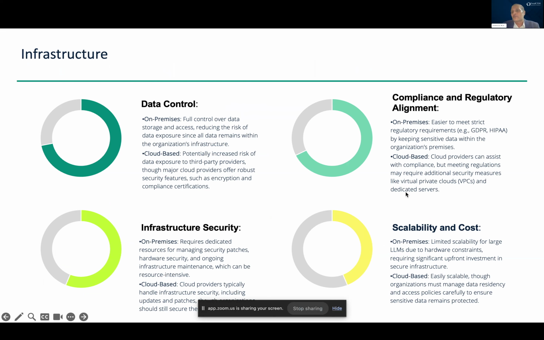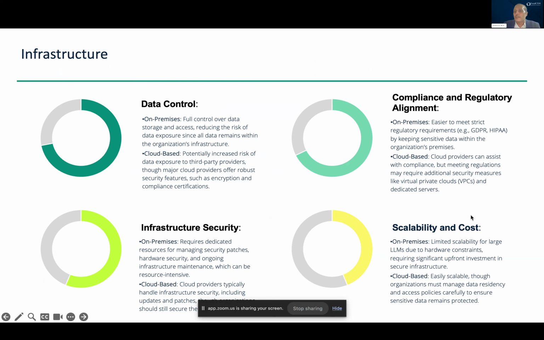When it comes to compliance and regulatory, on-premise, you have to implement every single control on your own. But if it is cloud-based, let's say an LLM should be compliant with HIPAA. If AWS is the cloud service provider for your organization, you can just spin up a HIPAA compliant AWS cloud.